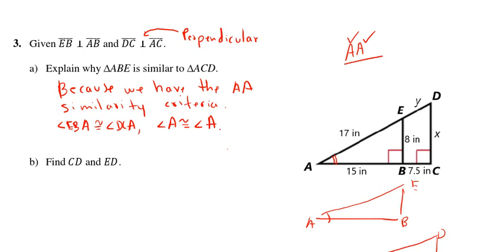You could say why are they congruent? Because we have right angles that are equal, and this would be for the reflexive property, because they're sharing the same angle.